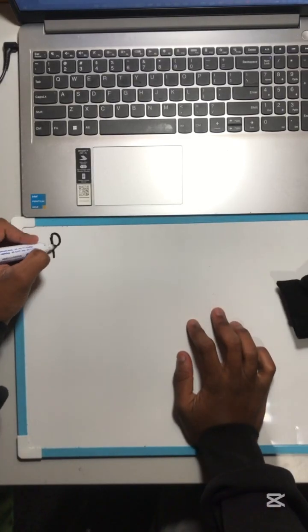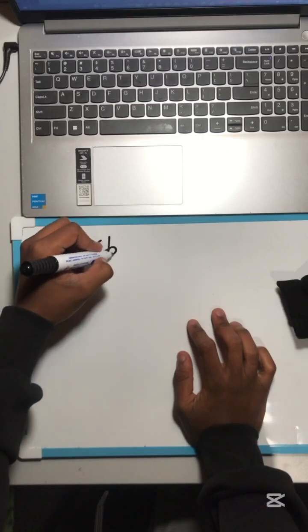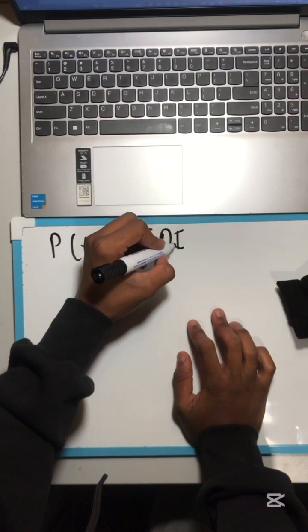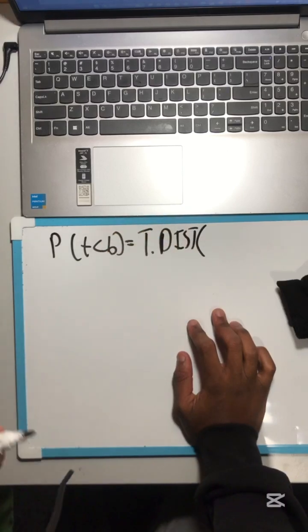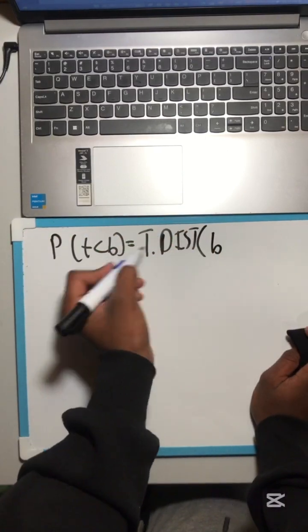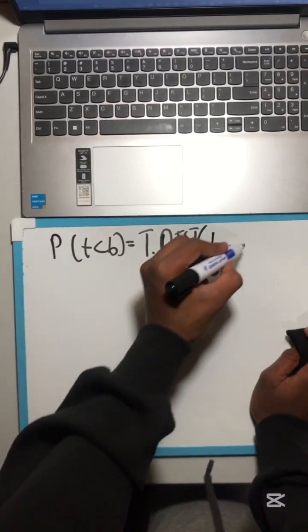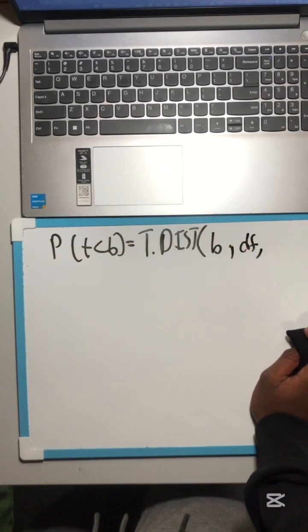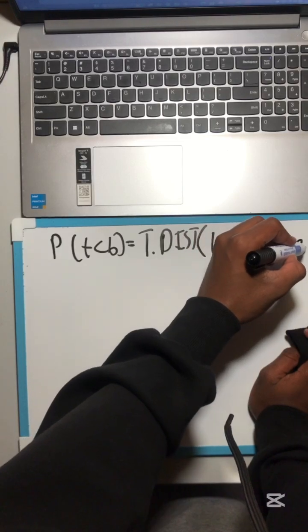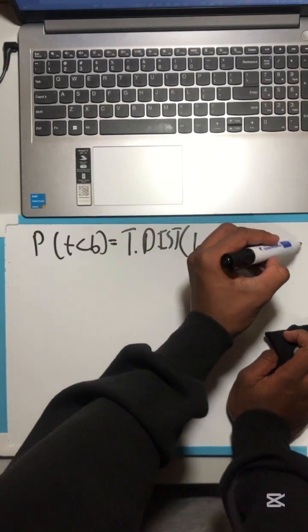So we want to find the probability that t is less than some value b is equals to t dot dist, and my parameters kuba i-value of interest eqaleni, which is your b, kulandele ama degrees of freedom, and then kuzoba true, since among my probabilities they are cumulative.